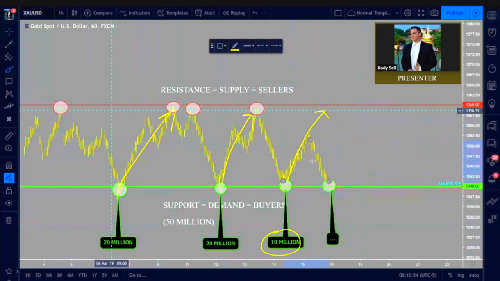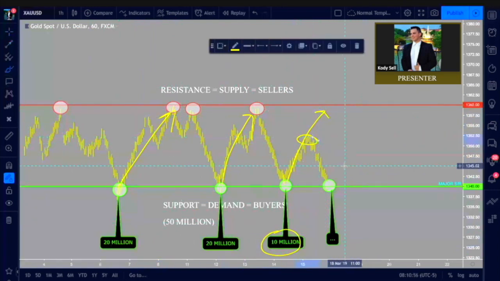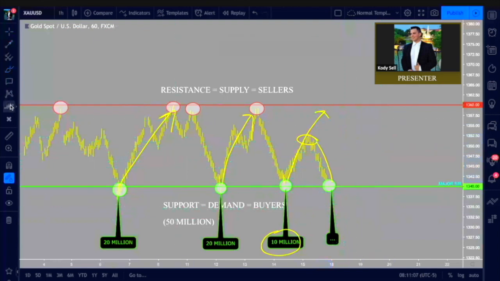So instead, in this case, price stops halfway in between, comes back down looking for more demand, more buyers, more orders to fill to push it up. And if there aren't any more orders, which in this case we have no more orders left to fill, what happens? The level fizzles out like it never even existed, and price will break it, retest, and continue on in the other direction.